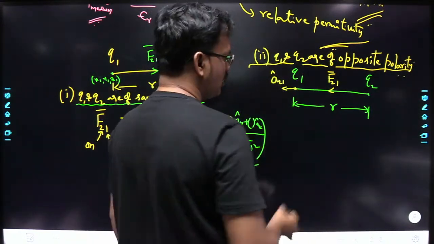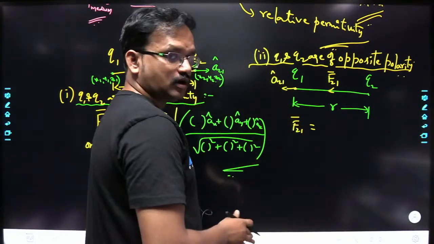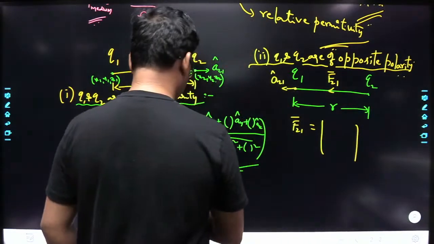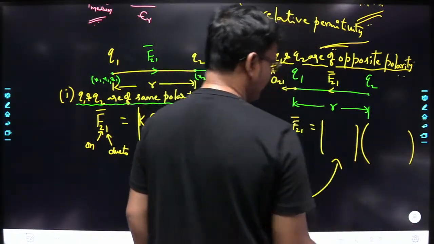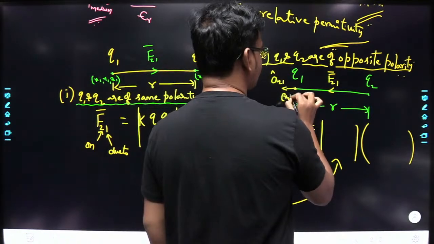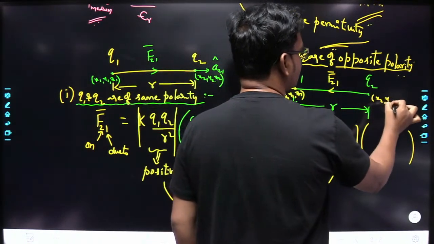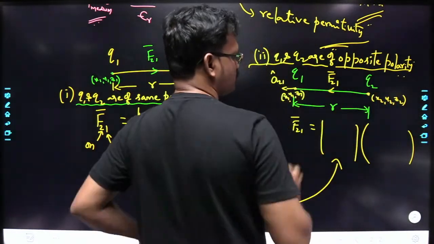Here I have told you how to represent the force in this case. The magnitude will remain the same. Now the direction: let us consider this point as x1, y1, z1, and here x2, y2, z2. Now the vector is pointing from this point to this point.